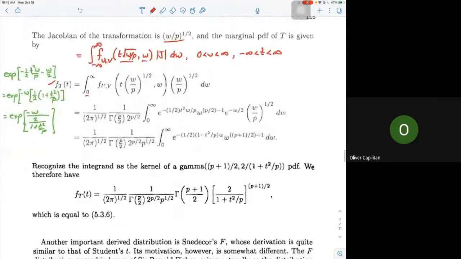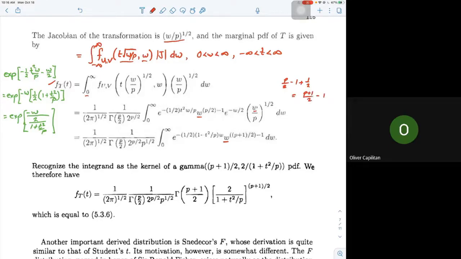So that is the result. Regarding the powers of W here, the exponents: P over 2 minus 1, and then this W here has plus 1/2. Plus 1/2, so that would result to P plus 1 over 2 minus 1.